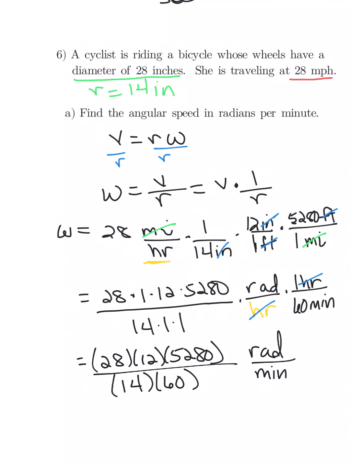Well, this is the units we want, so we just need to do all the multiplication and division for this. And if you do, you get 2,112 radians per minute. It's very nice because this answer came out to be a whole number, so we don't have to worry about any rounding.